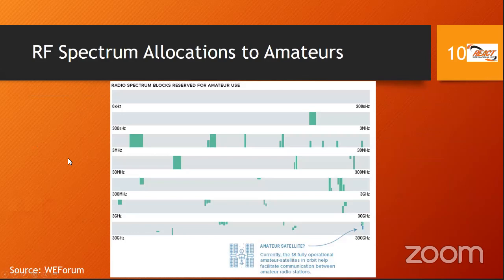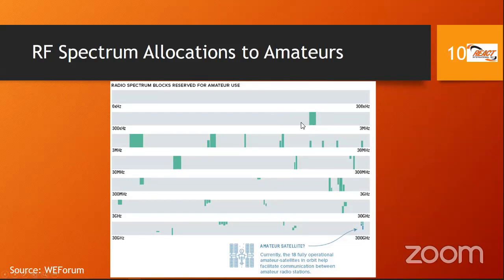With this diagram, we have been showing tables of the allocation for amateur radio operators in terms of the frequencies that we are allocated as hams. This is just a little chart to show where in the spectrum amateurs have allocations. It's a very useful chart.